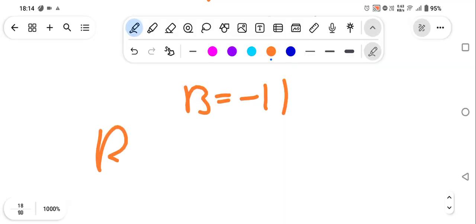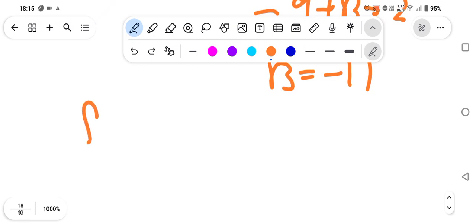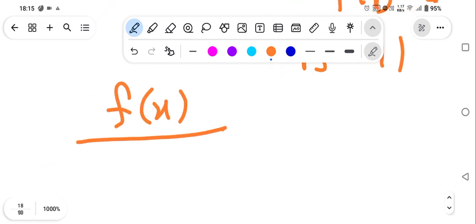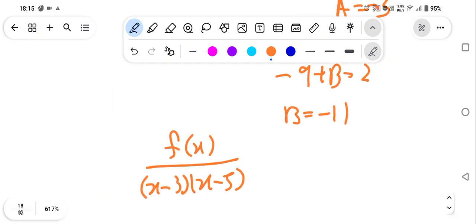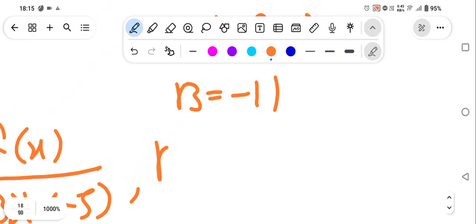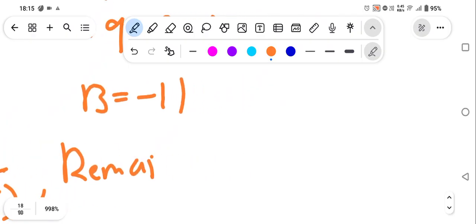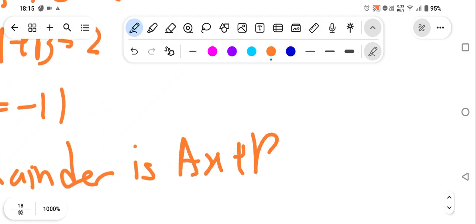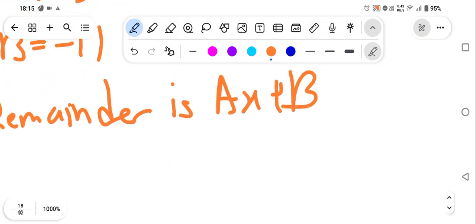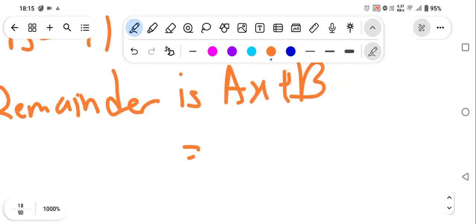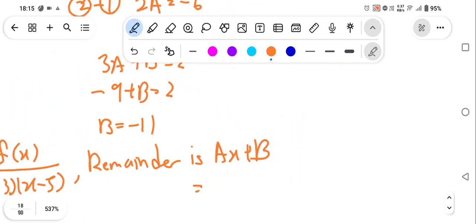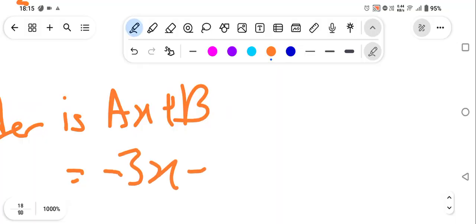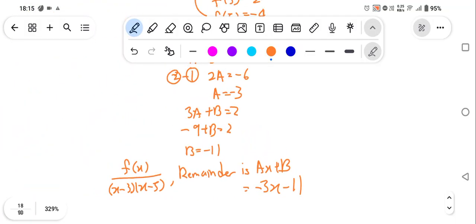Therefore, when f(x) is divided by x minus 3 times x minus 5, the remainder is ax plus b, which is -3x plus 11. So this is how you find the remainder.